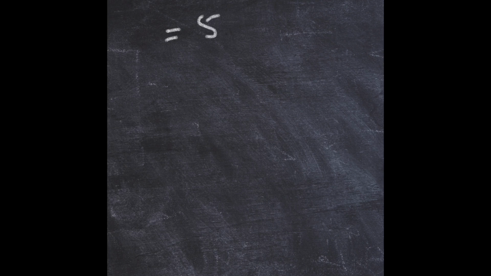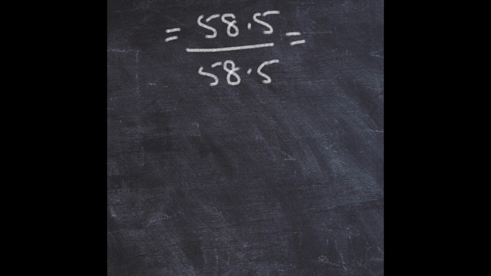This is equal to 58.5 upon 58.5, which we calculated as the molar mass. So the number of moles of NaCl is 1.